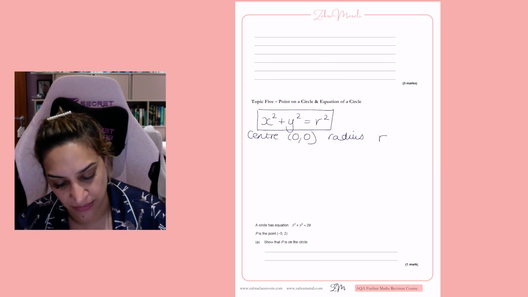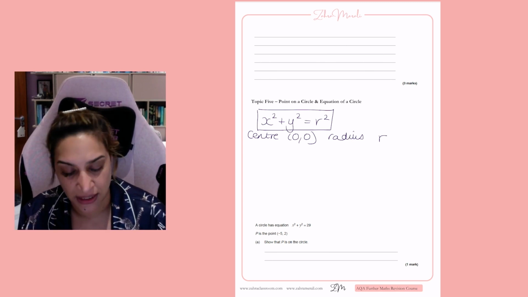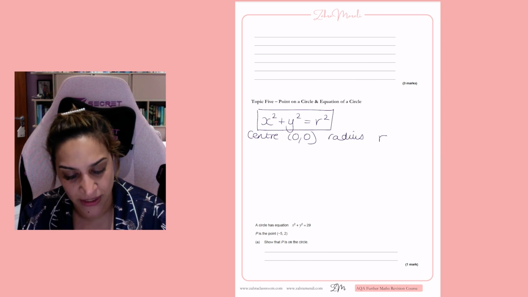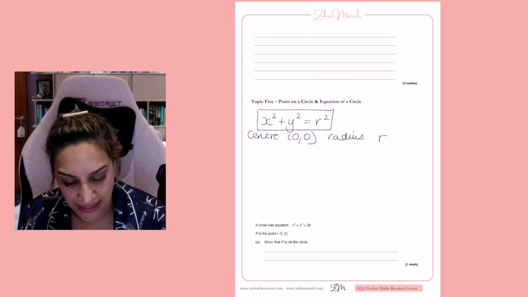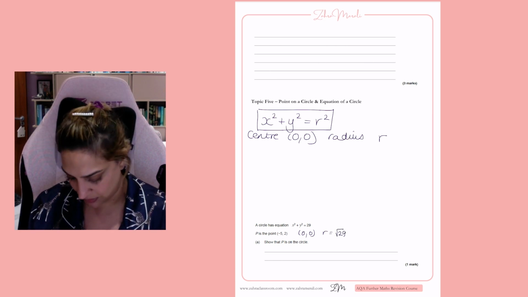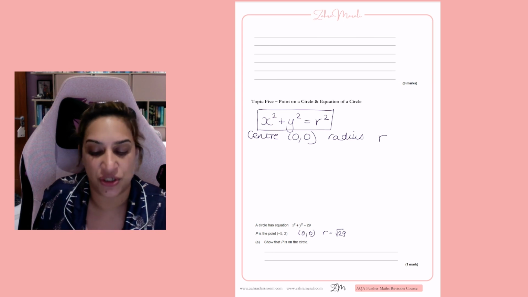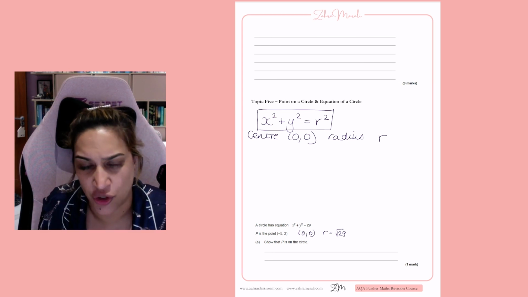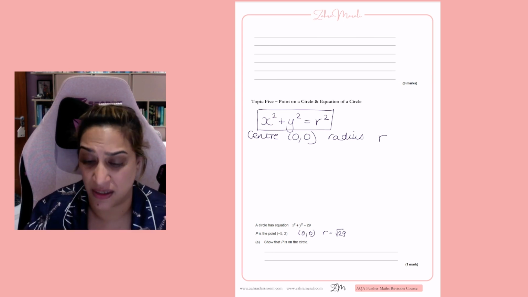Okay, let's show you what that means. So we've got an equation here: x squared plus y squared equals 29. So that's saying the center is 0, 0, and the radius will be root 29. Okay, so that's what my equation is saying. And I want to show that P is on the circle.